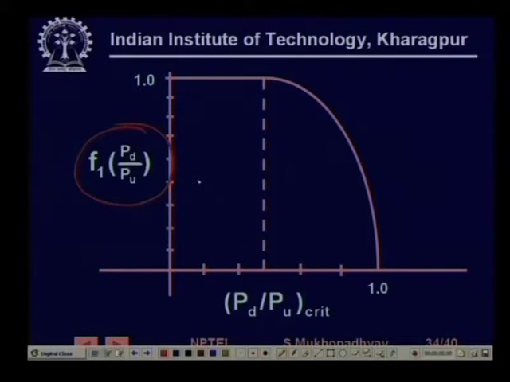But if you keep the Pd by Pu ratio below a certain factor, like something like 0.5, then this function becomes constant, and then the flow rate will only depend on things like upstream pressure, discharge coefficient, area, etc. That is, the flow fluctuations will be less. So, sometimes this Pd by Pu ratio needs to be maintained.